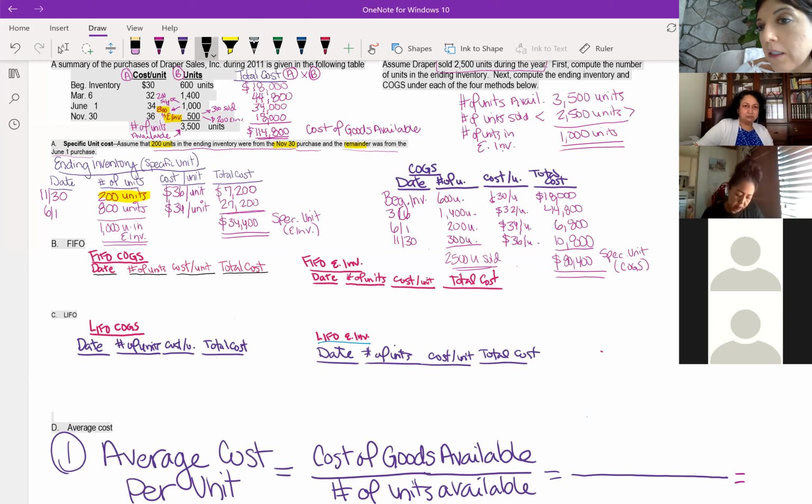Yes, and I don't think that the textbook explains it all that well. So it's just looking at what they give you and then figuring out that you still are expensing the same number of units and you're still going to have the same number of units in ending inventory, and just reminding yourself of that information. It should be easier now.